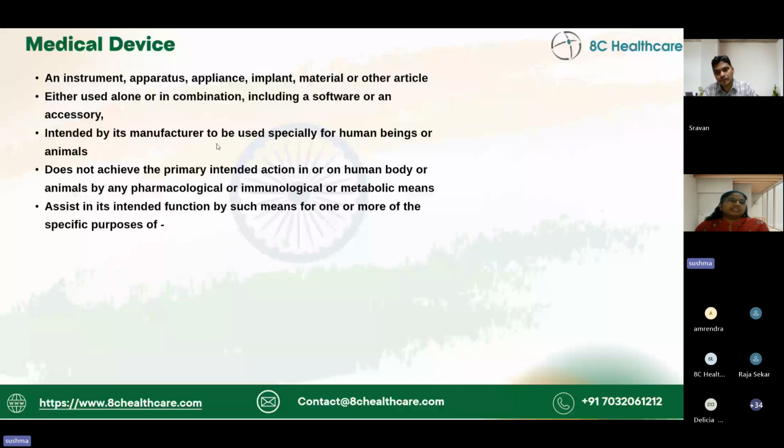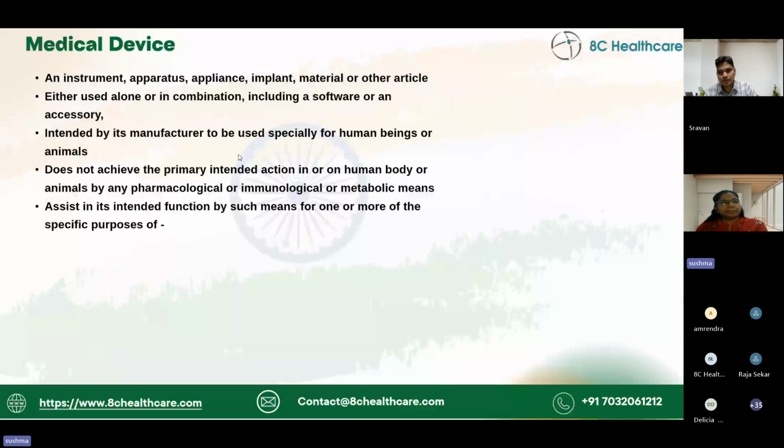The device should not achieve the primary intended action in the human body or on the animals, and should not show any pharmacological or immunological or metabolic means in the human body. Which means if the device is showing any primary intended action in any pharmacological way, it will be considered as a drug. So by this definition, we understand that the device should not be providing any primary intended action.